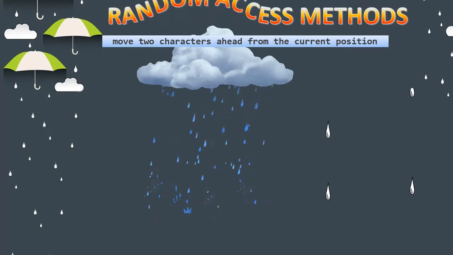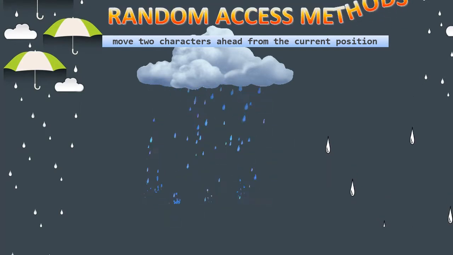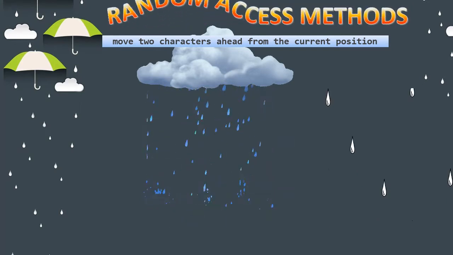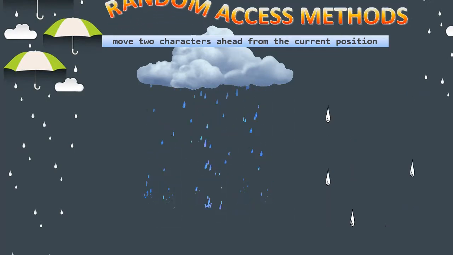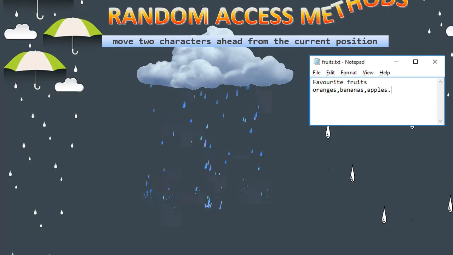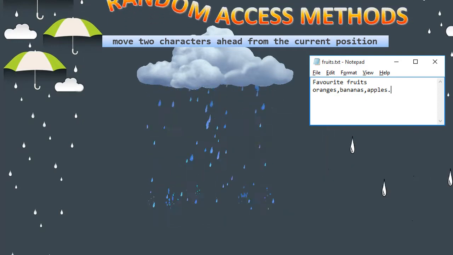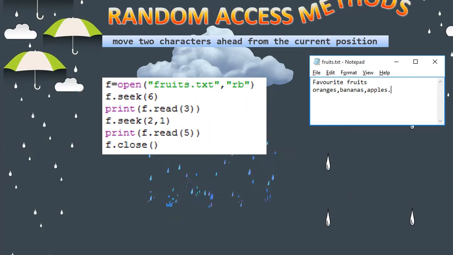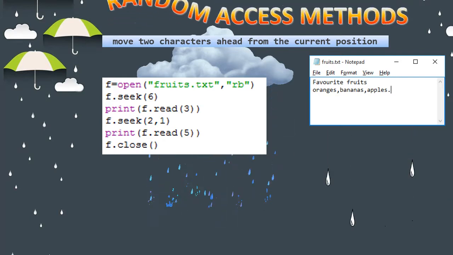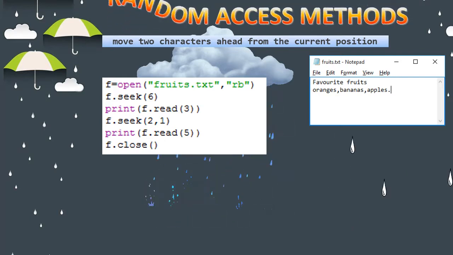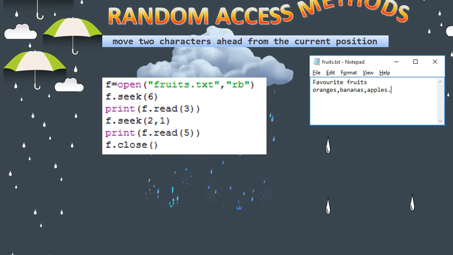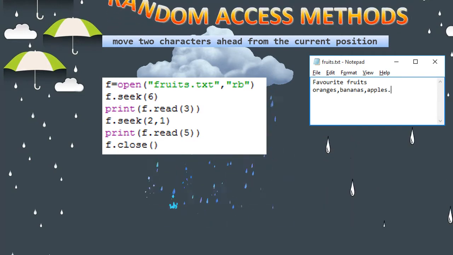Next, we are going to move forward 2 characters from the current position. The last two examples were from the beginning position, and this one uses the current position. We are opening fruits.txt in binary mode, since, as I already told, the current and last positions work only in binary mode.